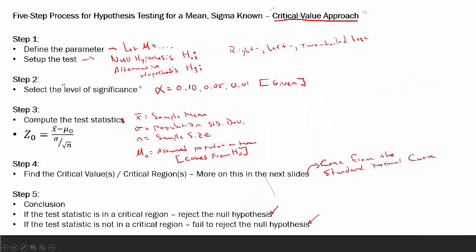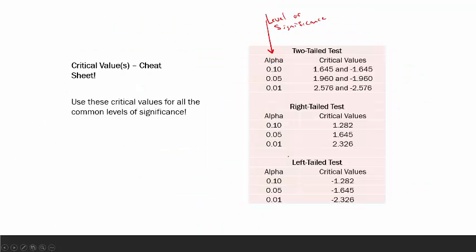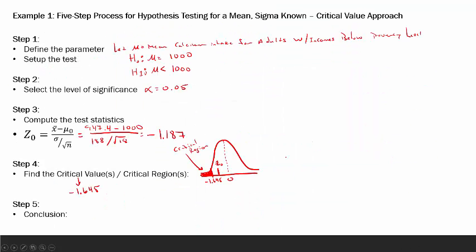If our test statistic is not in the critical region, we fail to reject the null hypothesis.